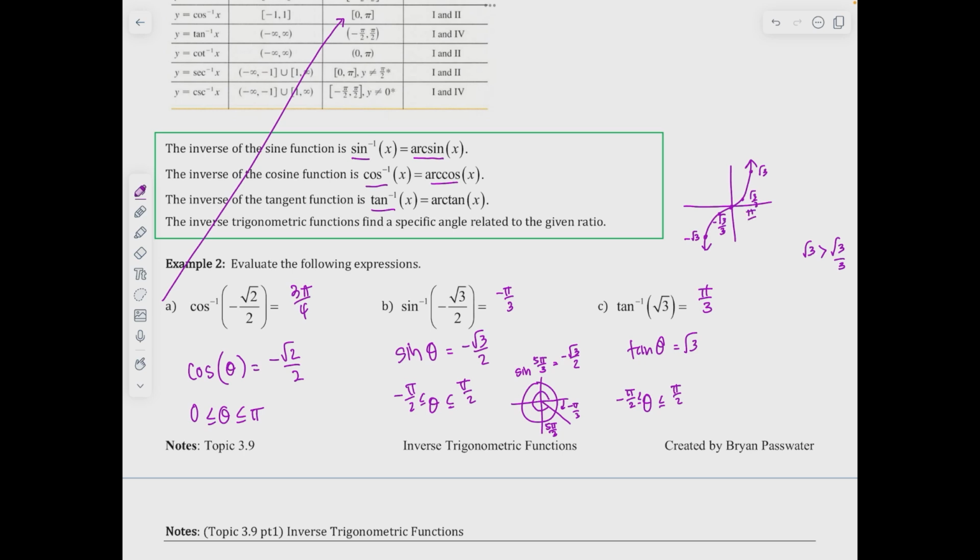I know pi over 6 happens before pi over 3, so that's a way of seeing it as well. So that's how we would do A, B, and C. Your answer should always fall within the range of the inverse function that you are using, and if it doesn't fall in there, then your answer is going to be wrong.